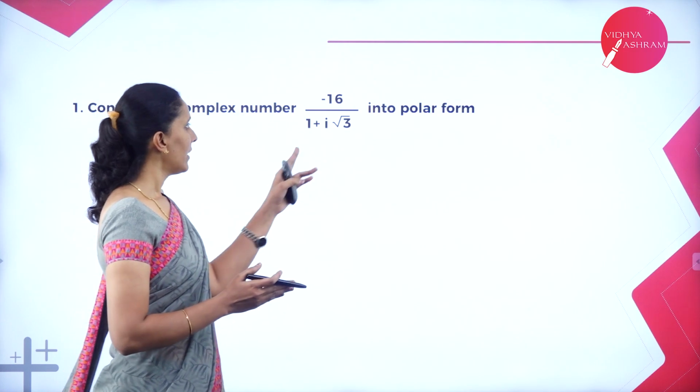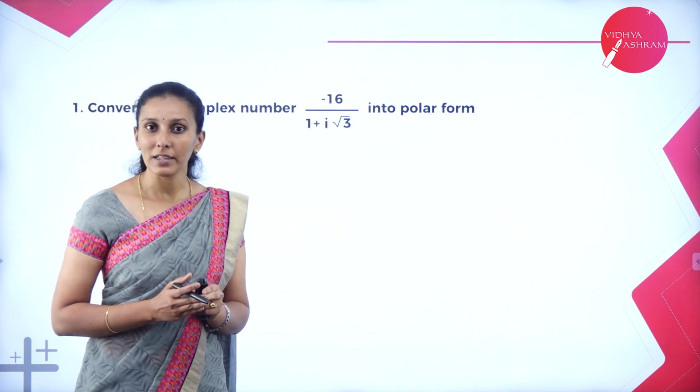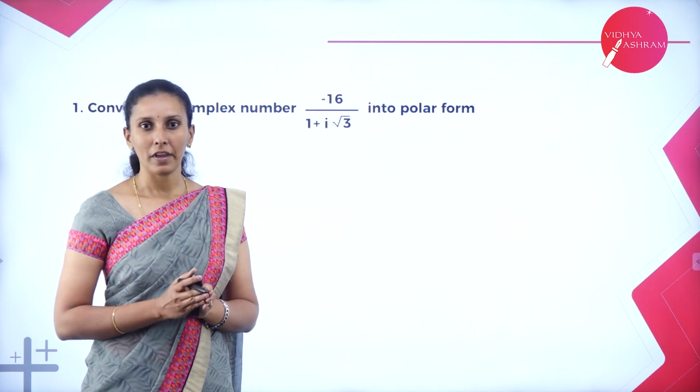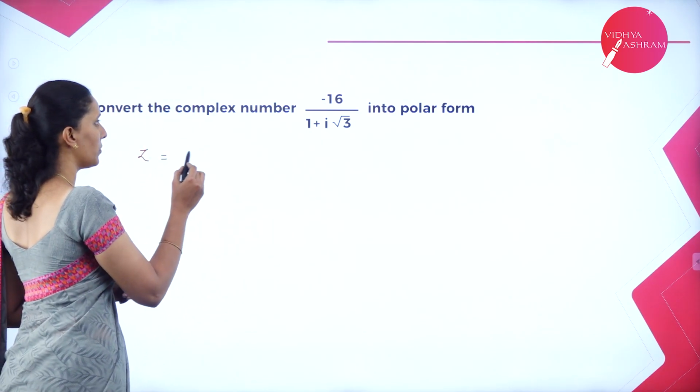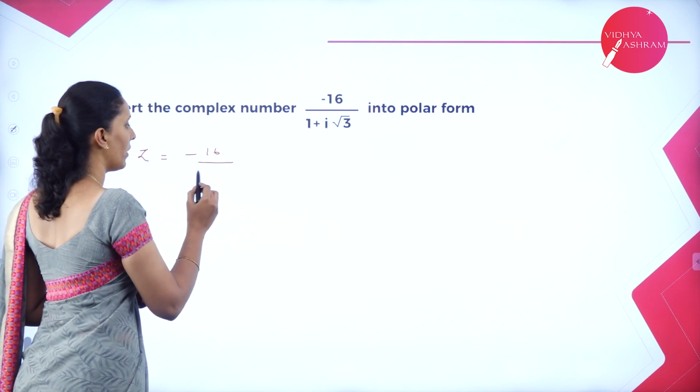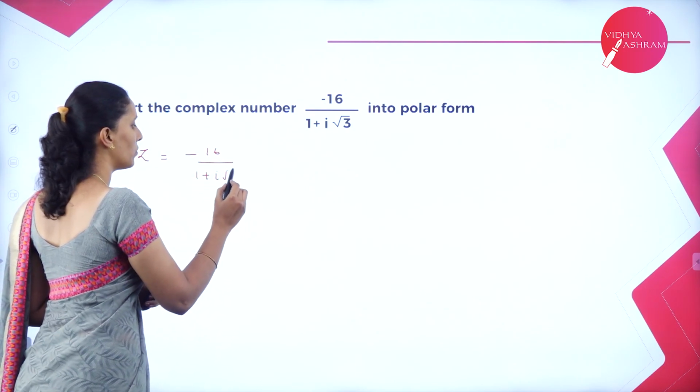Before that, it has to be in the simplest form, in the form of a plus ib. So let us take z is equal to minus 16 over 1 plus i root 3.